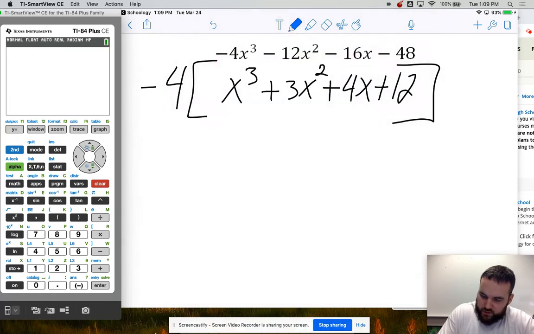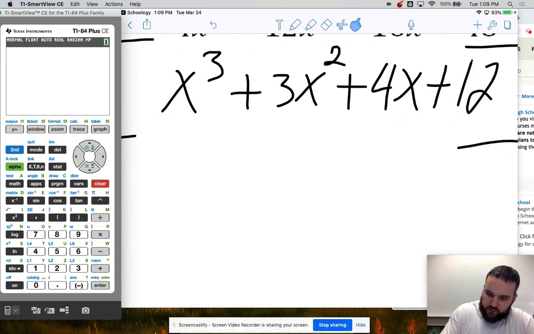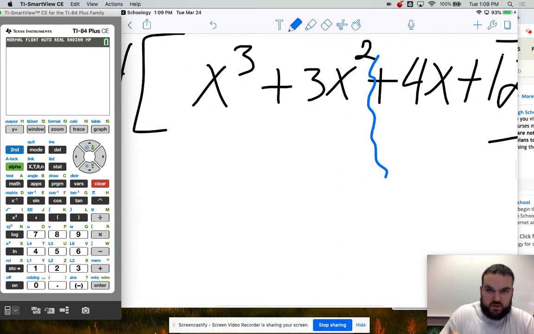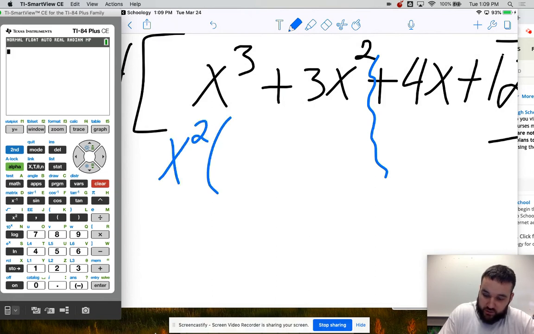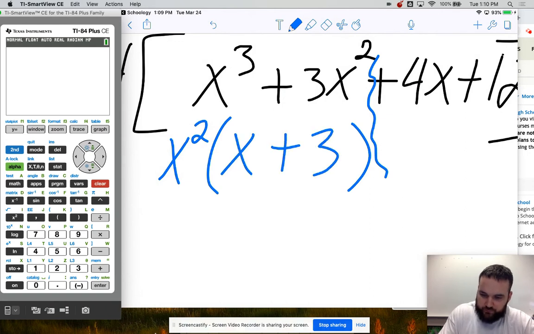Now that I have those, I'm going to go ahead and ignore the 4, that GCF, for now, and I'm just going to do my factoring by grouping. So x to the third plus 3x squared, I'm going to take x squared from each of those terms, and that would leave me with x plus 3.